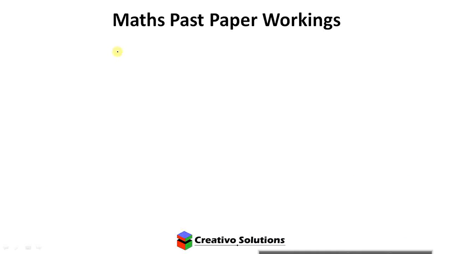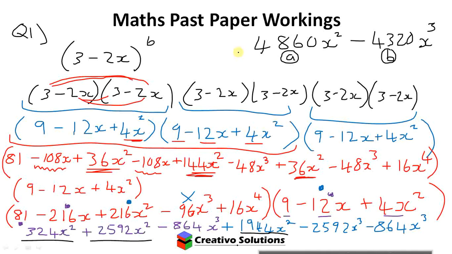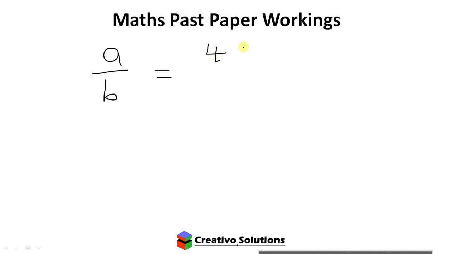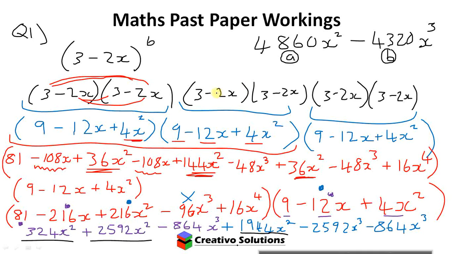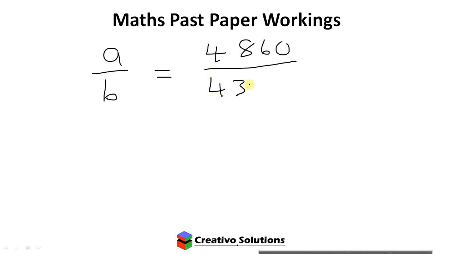Alright, so a over b is going to equal 4860 divided by 4320. What did we say, x squared and x cubed? No, because the a is the coefficient. Oh, it's the number in front. Okay, 4860 divided by 4320 is 9 over 8.